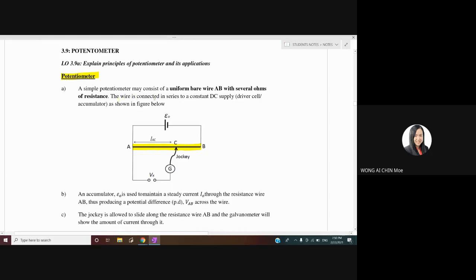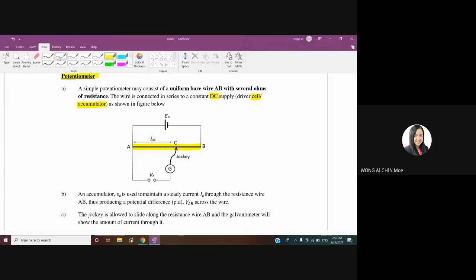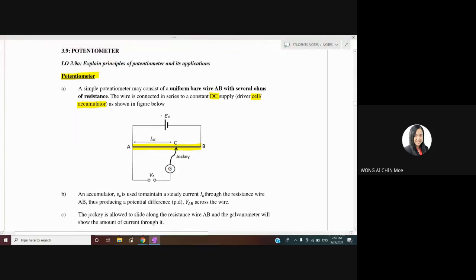The wire is connected in series to a constant direct current (DC) supply, for example a cell, a driving cell or accumulator, as shown below. This potentiometer is a little bit similar to a potential divider, where we also work in a ratio way.